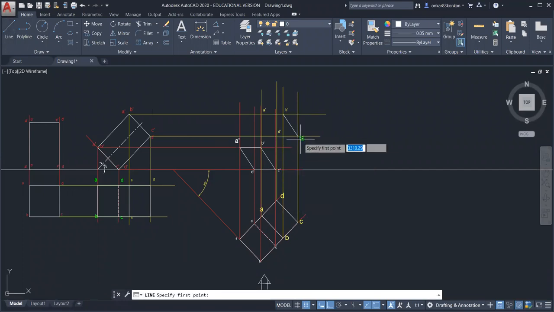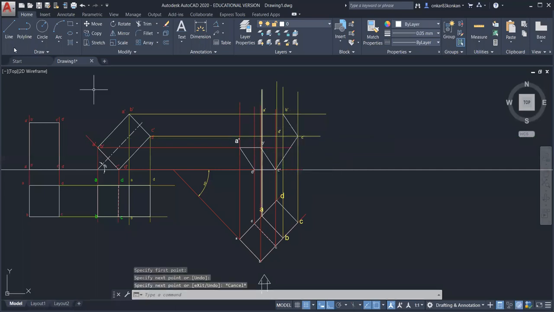Then CC dash will be visible, which is a vertical edge. Then BB dash will be visible. And this A dash will be visible. So A dash B dash will also be visible.